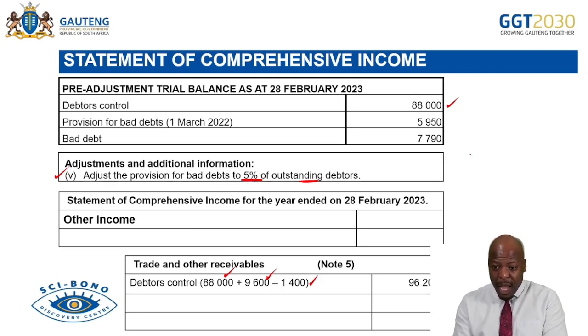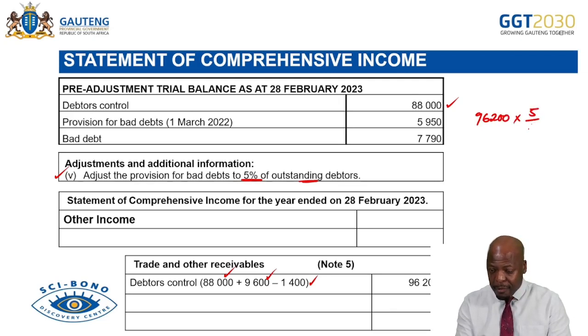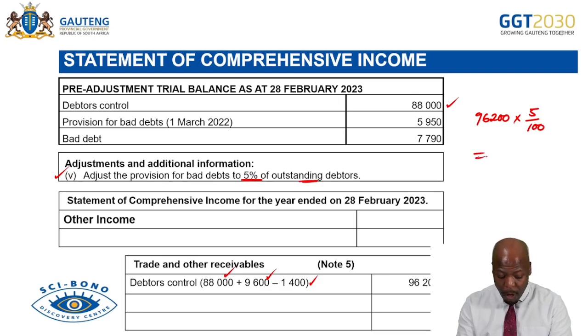What does that mean? I'll take my 96,200 then, and then I will now say, of that 96,200, I get my 5%. Multiply by 5 over 100. I'm getting the 5% of the outstanding debtors. Calculators, please. How much do you get? All right, thank you. You get 4,000. Say it again. 4,810.